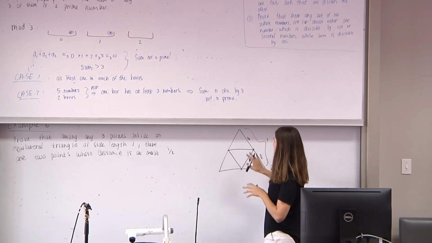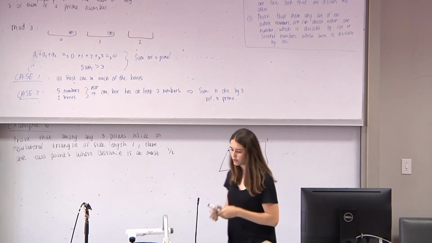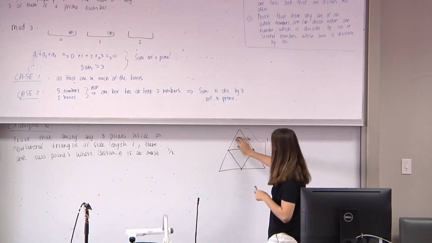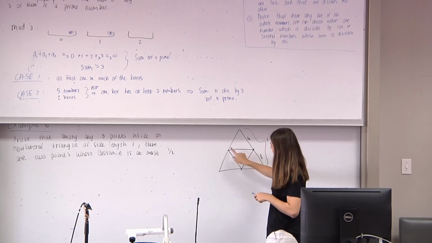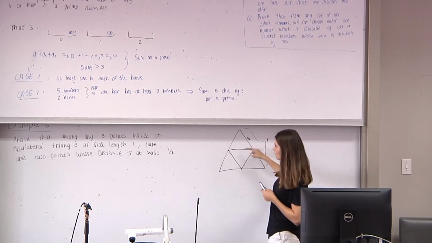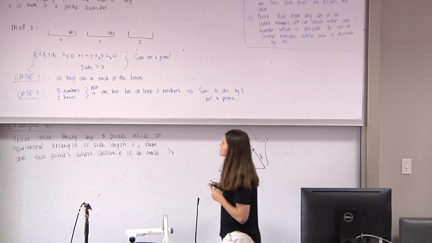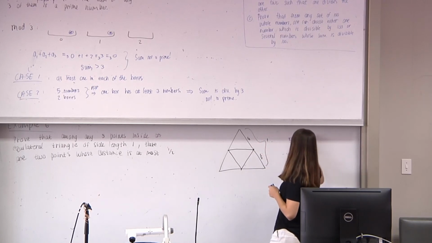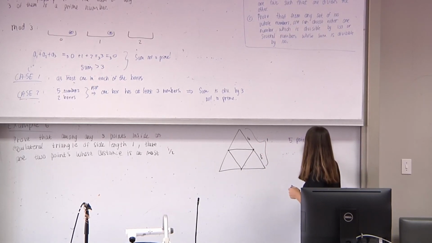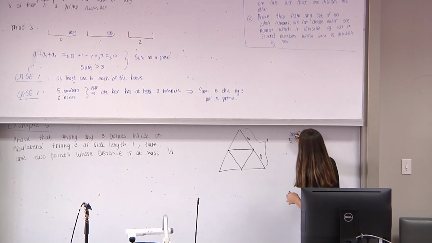Okay, so back to this, we have 4 triangles, which are going to be our 4 boxes. So box 1 could be anywhere in this triangle, then box 2, box 3, and box 4. But we have 5 points, and we have 4 triangles.